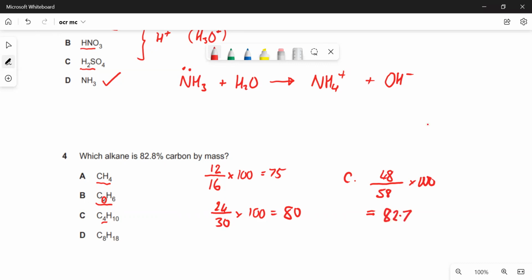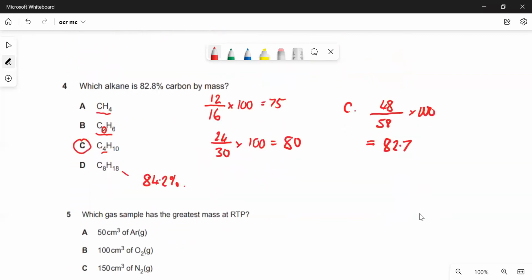Okay, this is the answer. If you do the same for D, because it's a bigger molecule, the percentage of carbon is even higher. That's about 84.2% for that one. Okay, so that's the answer to that one.